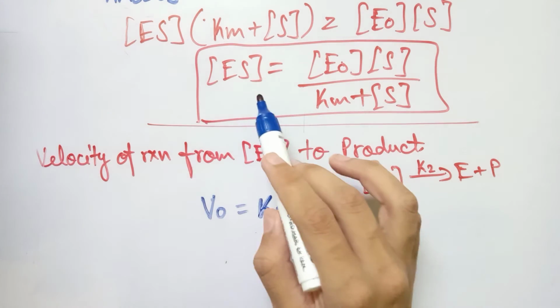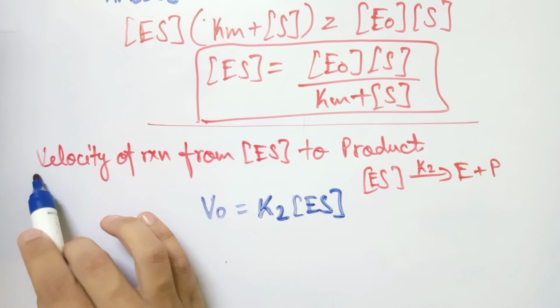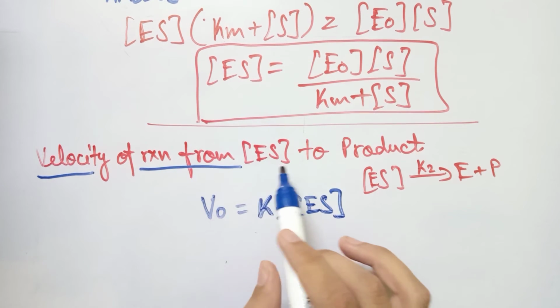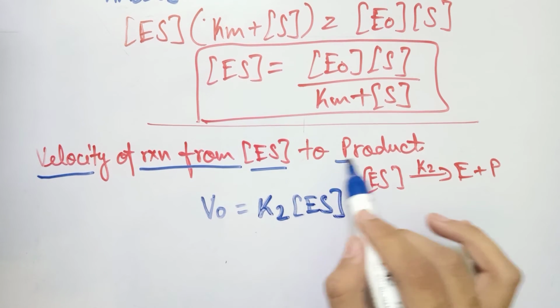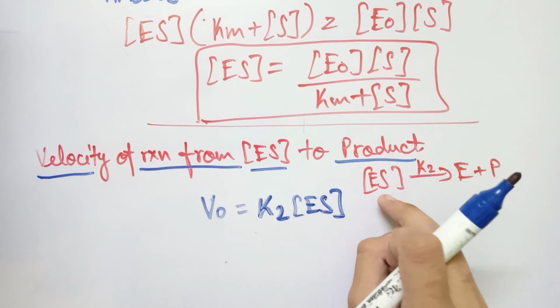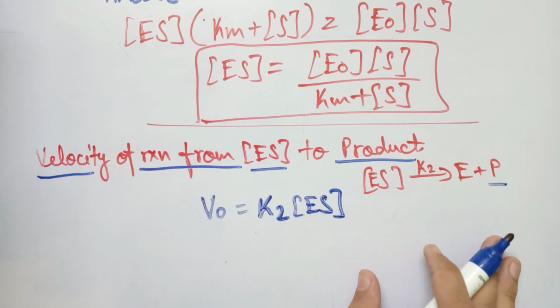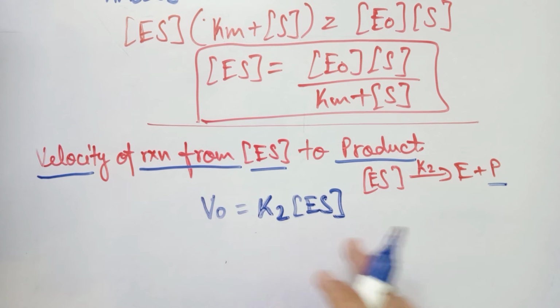As we have found the concentration of enzyme substrate complex, we now have to also find the velocity of reaction from enzyme substrate complex to product. We have to find this velocity in order to derive the Michaelis-Menten equation.